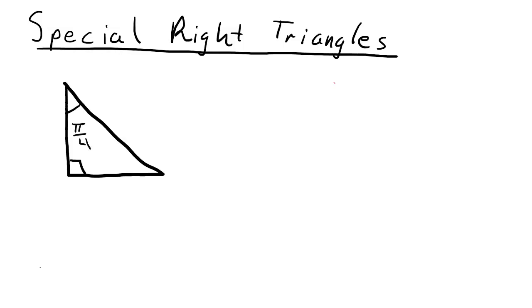If I tell you that this side right here is square root of 5, how do you solve for the other two sides? Well, in this triangle, we know that this number right here is equal to square root of 2 times A. So we can take this and we can solve for A. All we do is divide by square root of 2.